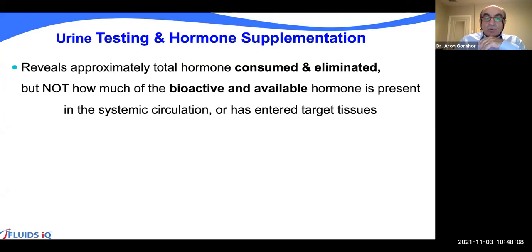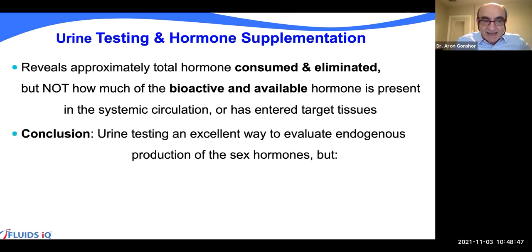And so when you're looking at that, urine testing and hormone supplementation have a whole series of issues that you need to deal with. We know 24-hour urine reveals approximately the total amount of hormone that was consumed and eliminated, but it doesn't really tell you what's in the systemic circulation, of bioactive and available hormone that is entering the target tissues, because it's a combination of what has come into the urine, which is bioactive, and the metabolites.